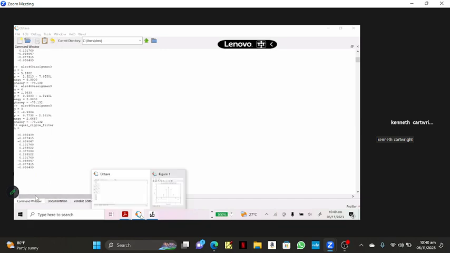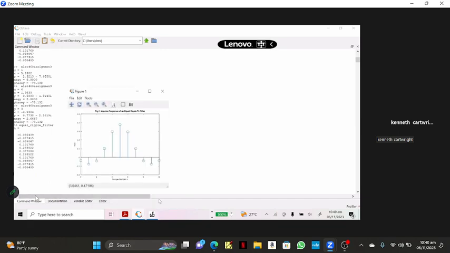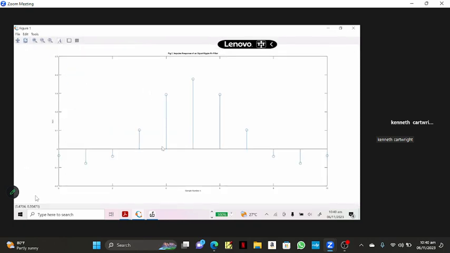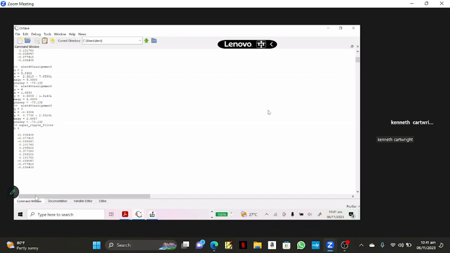And then I go to graph, and there it is. Wrong place. Okay. There it is. That's the same impulse response. And then I have to minimize this. And I have to tap a key. Okay.